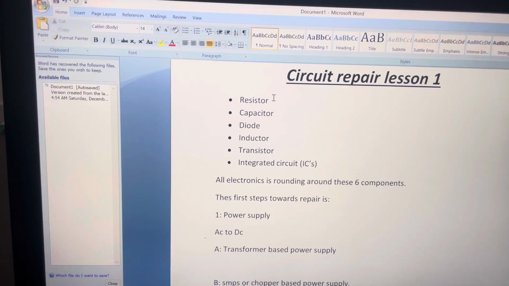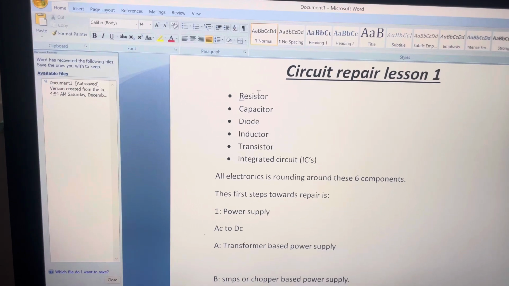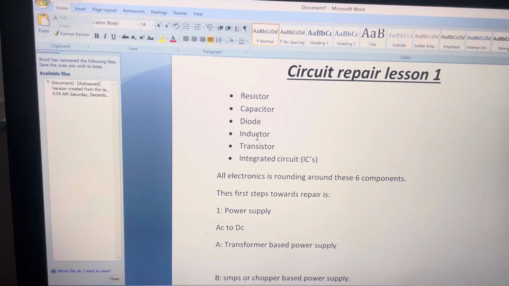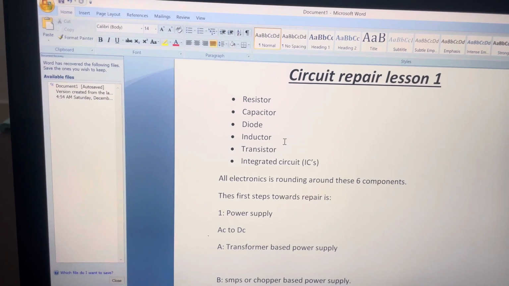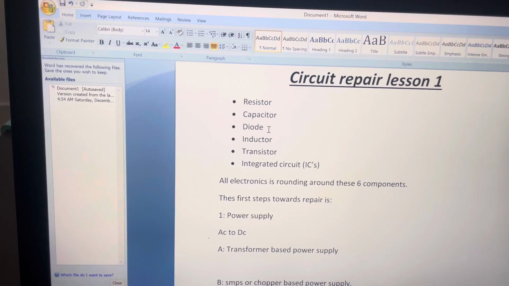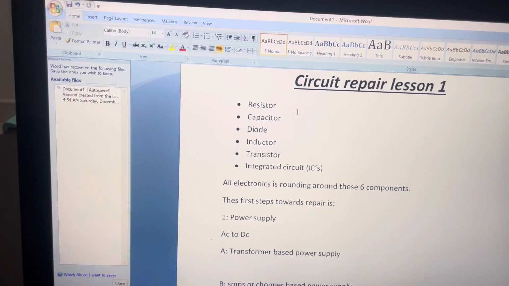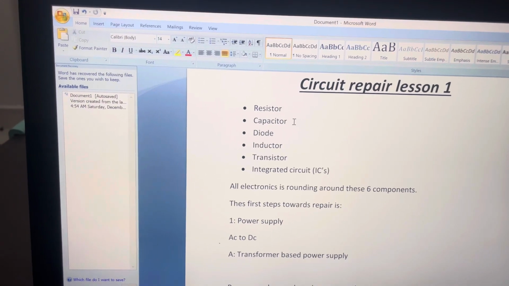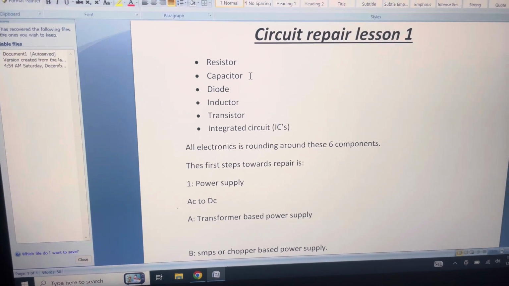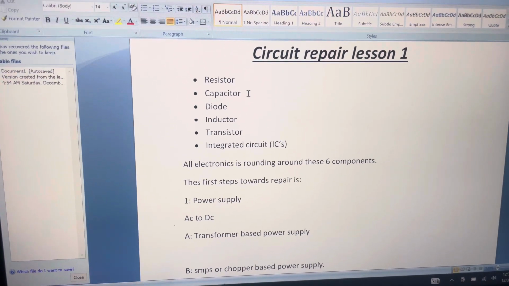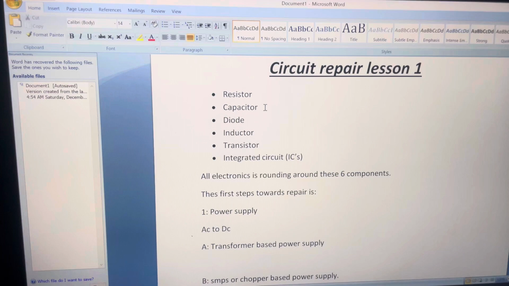You can say the whole electronic engineering is around these six components, and using these components we make all kinds of products. Either they are power supplies, computers, controllers, motor controllers, VFDs, anything.